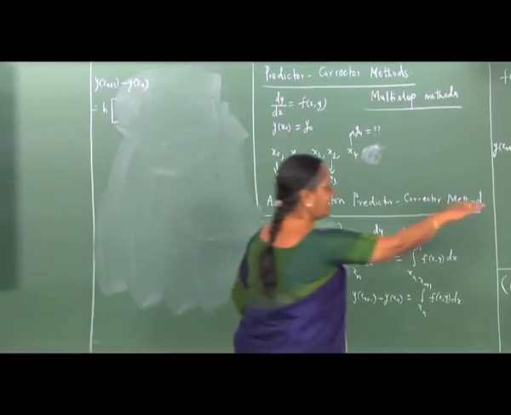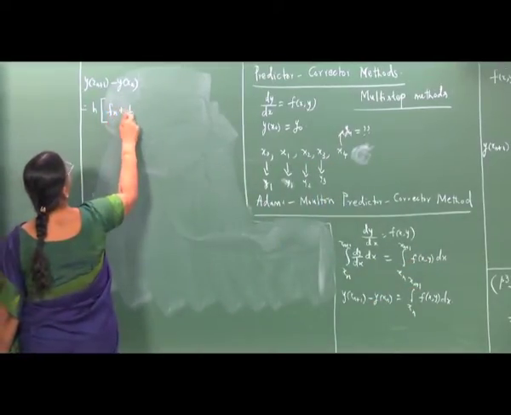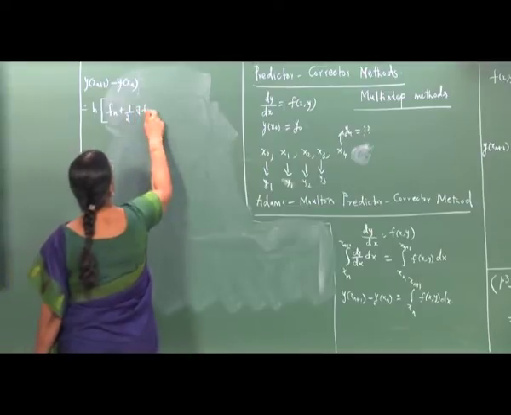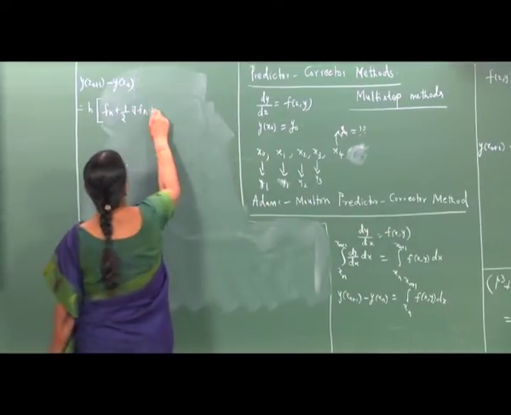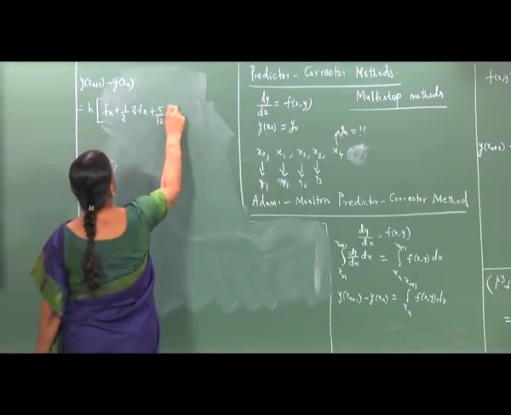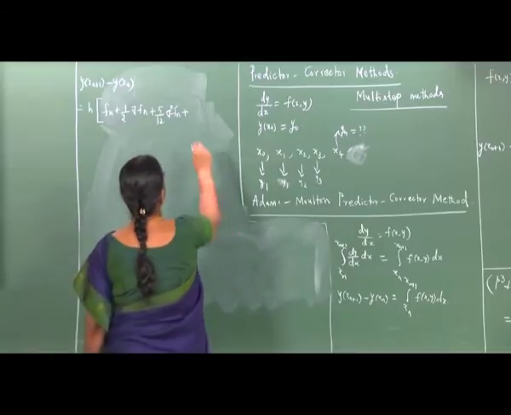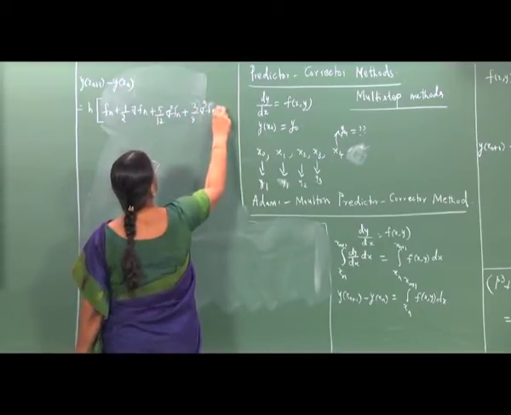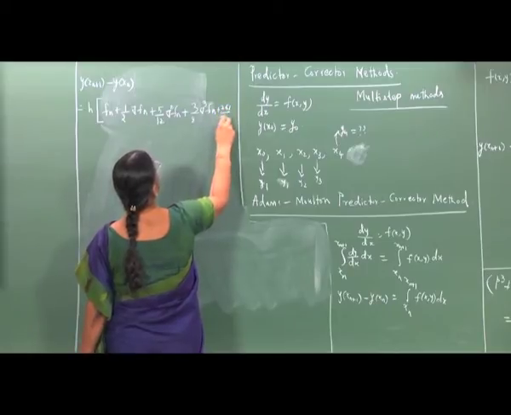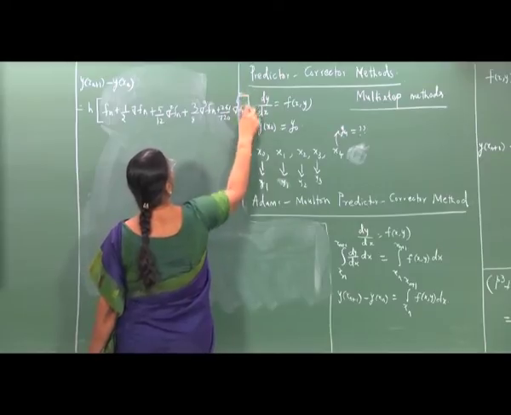Let me rewrite that expression once again, then it will be easier for me to make the computations. Fn plus half delta Fn plus 5 by 12 into del square Fn plus 3 by 8 into del cubed Fn plus 251 by 720 into del power 4 Fn.